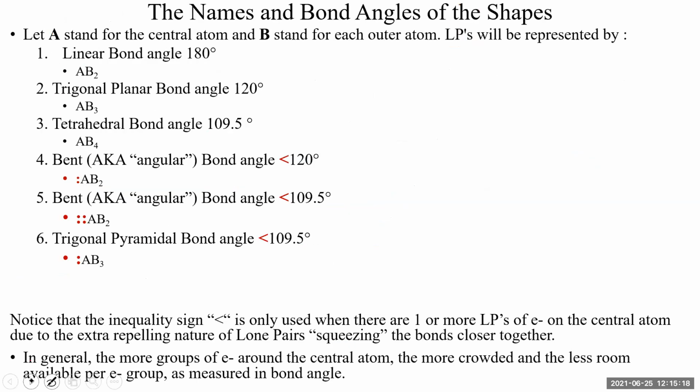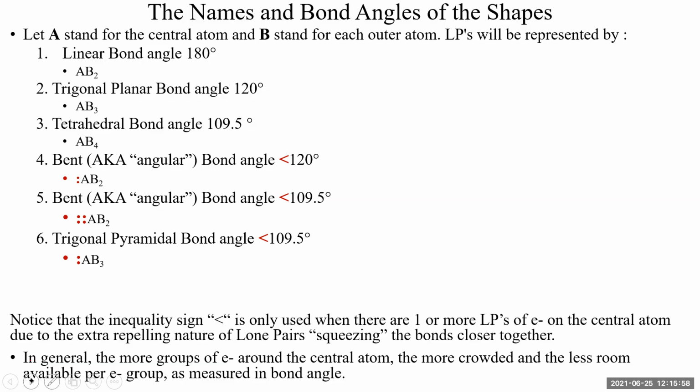So let's just jump into some examples here. Well, actually, before we get into examples, let's talk about the names and bond angles. These are the 6 different shapes and their associated bond angles that we are going to look at. I've also put some shorthands here. These shorthands are not by any means universal, and they do not stand for particular elements. A and B are simply fillers. I could have put X and Y. I could have put W and Z. I could have used any letter or symbol I wanted. I just chose to use A and B as stand-ins for elements.